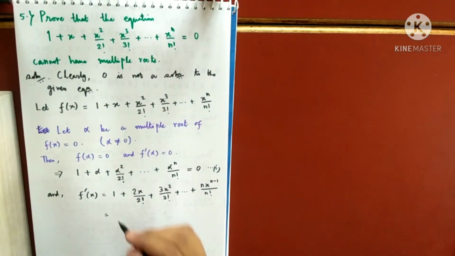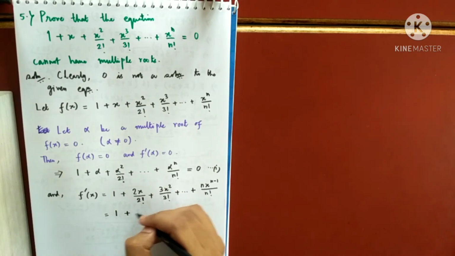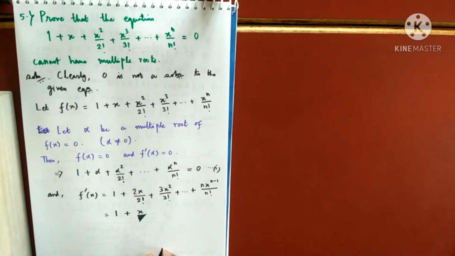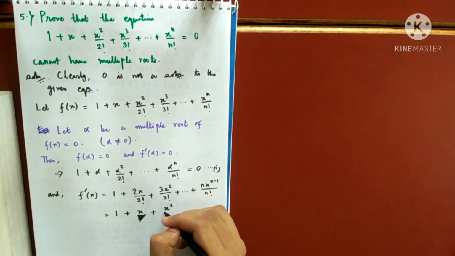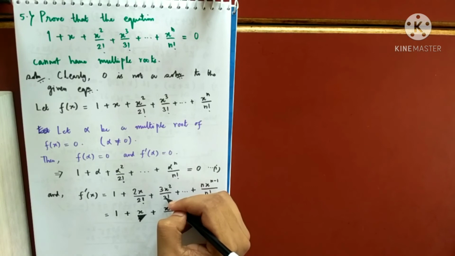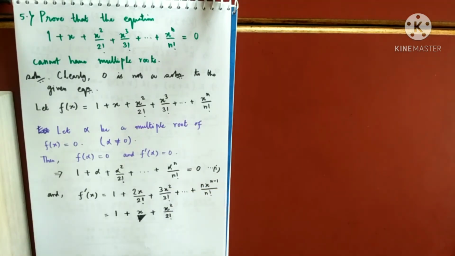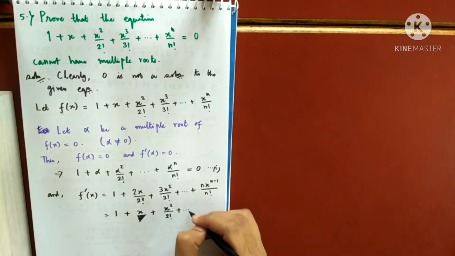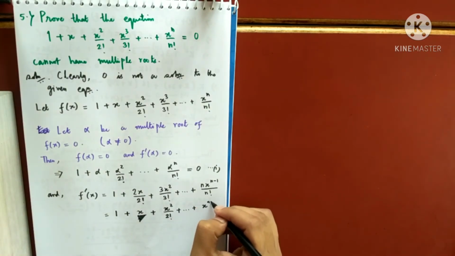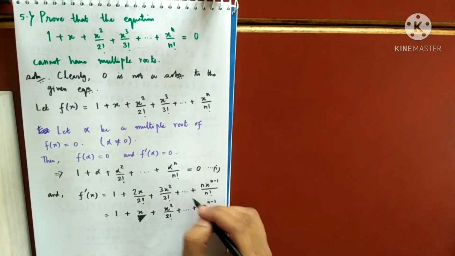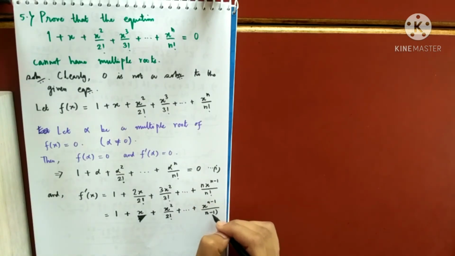You see how? This is x by 1 factorial, that is simply x. Because 2 and 2 are getting cancelled, 2 factorial is 2. This is x square by, you see what is happening? This is 3 factorial, so 3 into 2 into 1, 3 is getting cancelled. This is nothing but 2 factorial in that case. Similarly, dot dot dot, this is x to the power n minus 1, and this n is getting cancelled out. I will remain with n minus 1 factorial. Did you get my point?